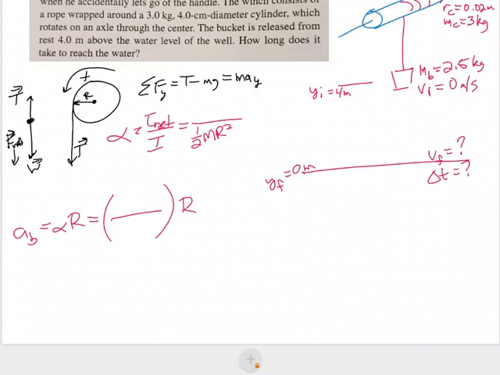So what's the tau? The torque. So how do I calculate the torque? Torque is force times distance away, right? Perpendicular force times distance away from the pivot.